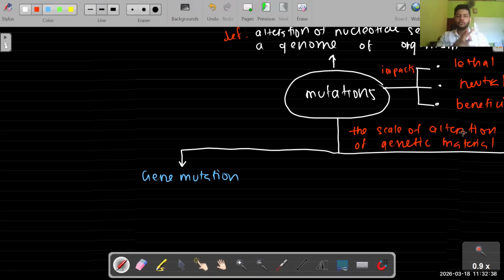Depending on that, they are divided into gene mutation and chromosomal mutation. Up to this part, do you agree with me? This is what we learned in the previous class. I'm just giving a rough idea. Clear? Shall we move on? Yes, perfect.